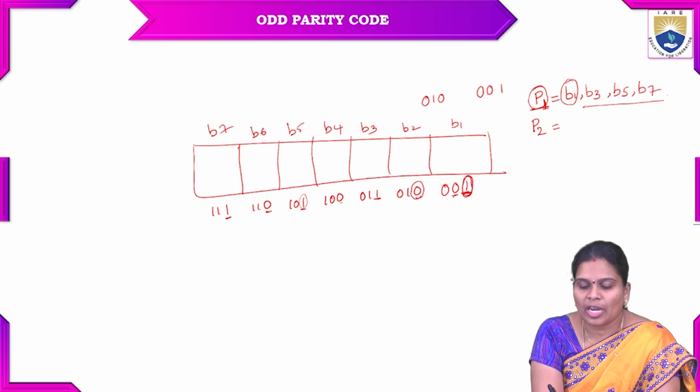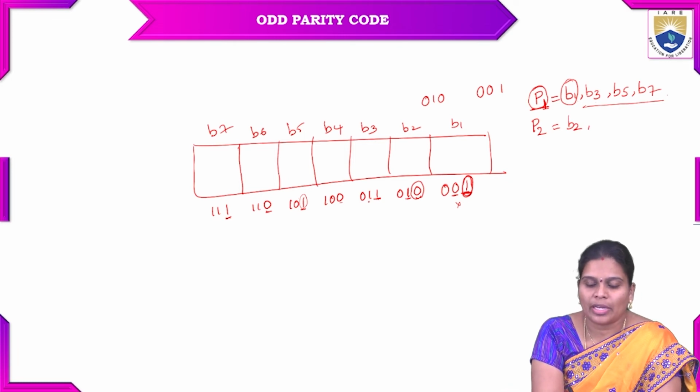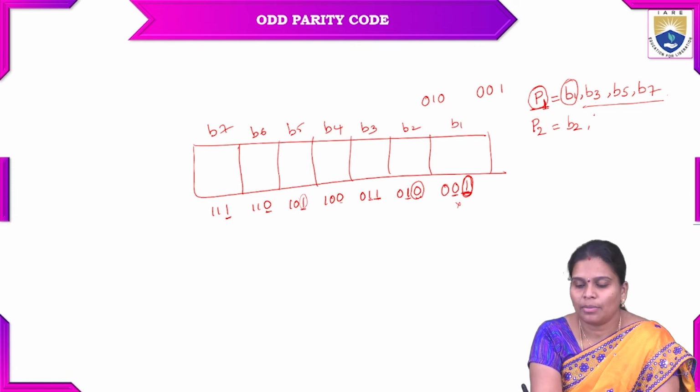In B1 we have 0, so we are not concentrating on this B1 value. Next, the second bit is 1, so now taking B2. Next we are taking B3, where the second bit is also 1.